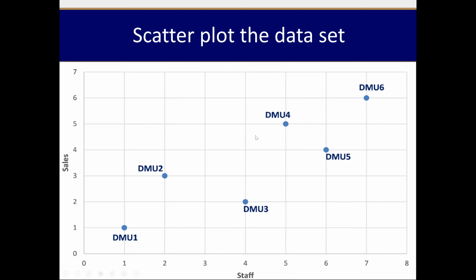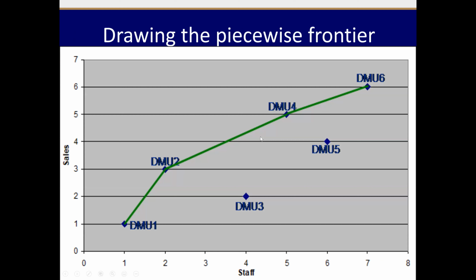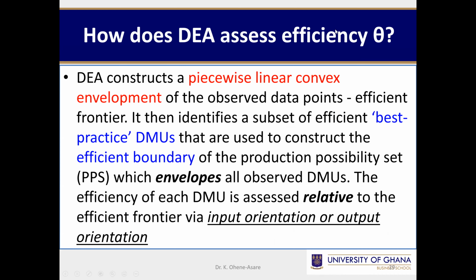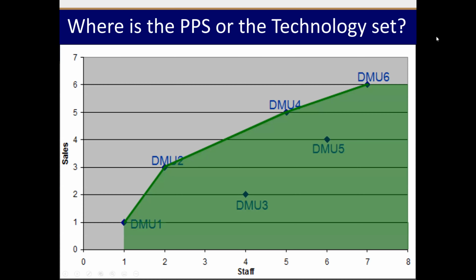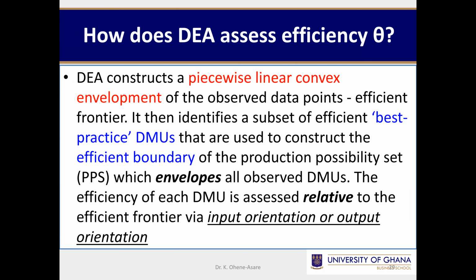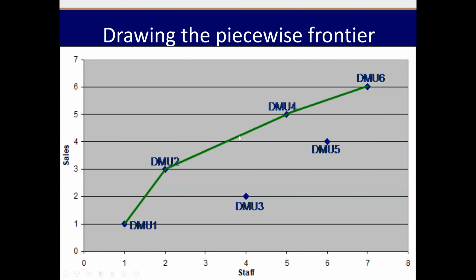Every firm is scattered. What DEA does is that it will construct a frontier along the firms on the northeastern part. So when you look at the production possibility set, this whole gray area is the production possibility set. Okay. And this is a true technology set that you see here. Okay. Now, it will construct a frontier like this.